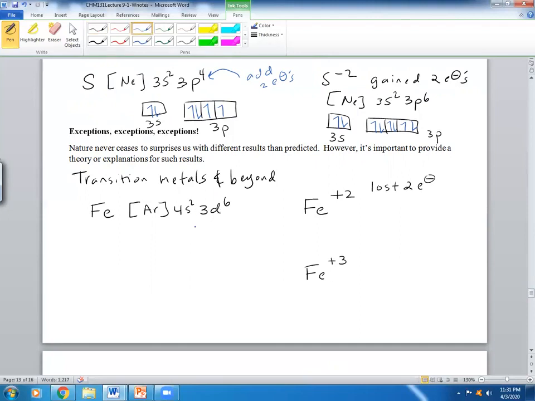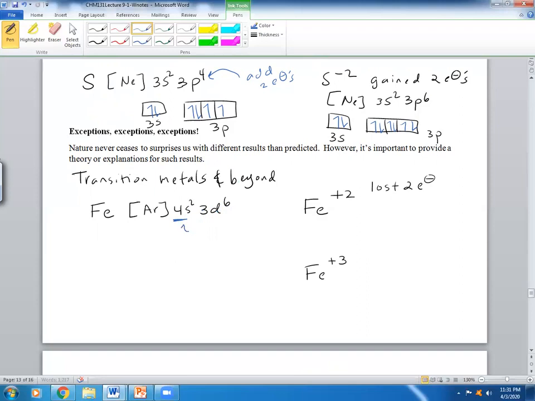Yes, it is true that the 4s fills in first, but the 4s is actually your valence, what we call the outermost. And really, the answer is beyond the scope of this class, but it has to do with what we call shielding and penetration. So we're going to say no. We're going to take out from the 4s before we take out from the 3d.